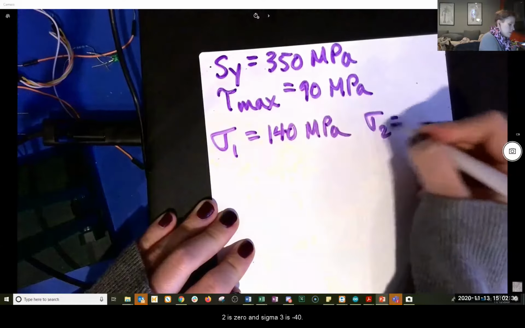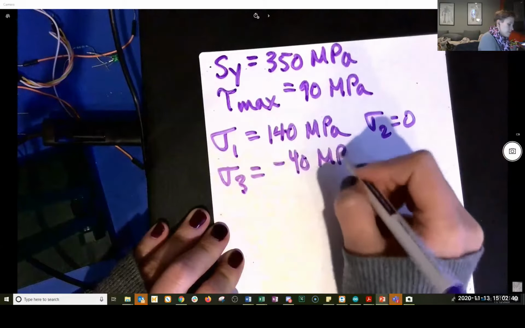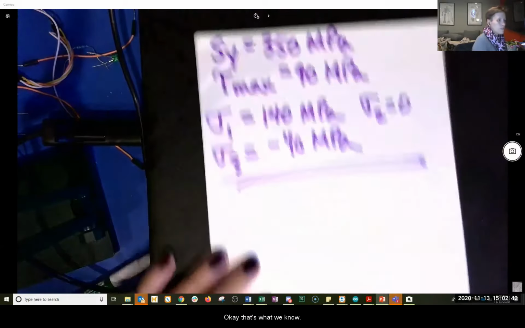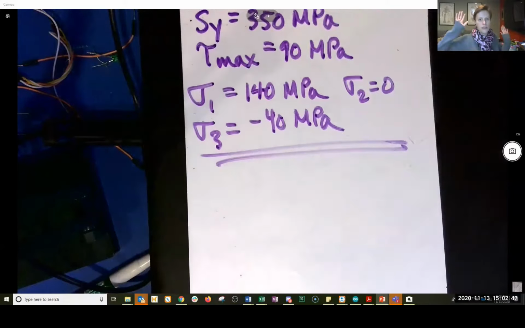Sigma 2 is 0, and sigma 3 is negative 40. Okay, so that's what we know. So now I'm going to pause. I'm going to let you think about factor of safety for MSS, maximum shear stress, factor of safety for distortion energy. Be quiet for a minute while you make some thoughts.